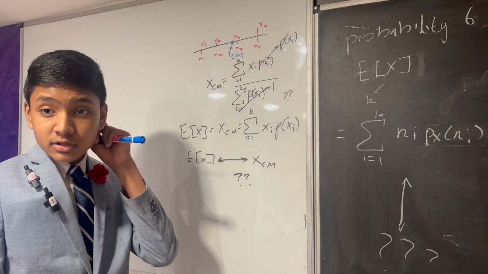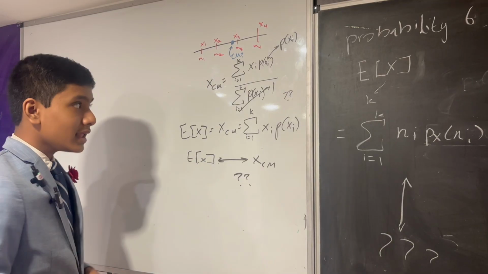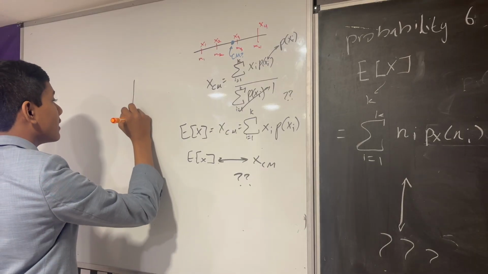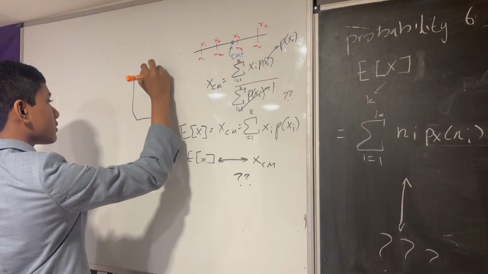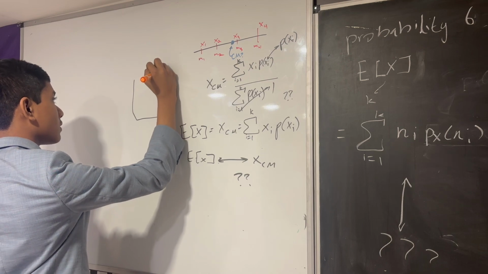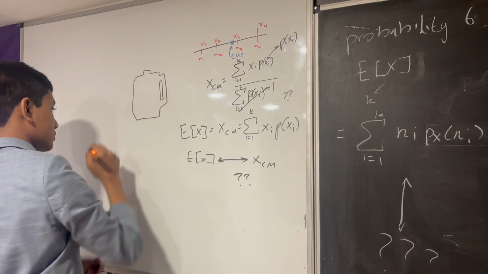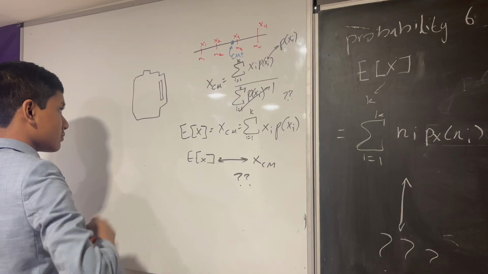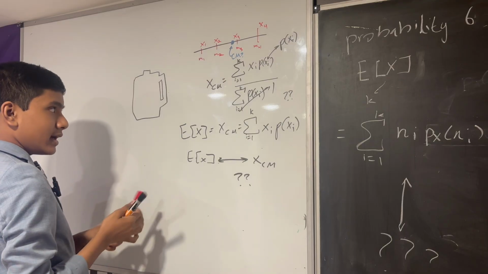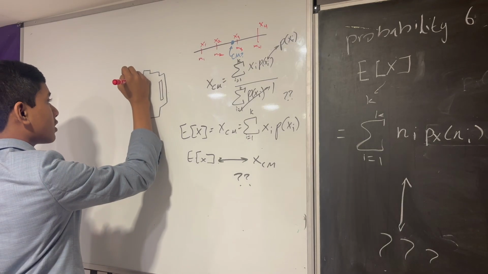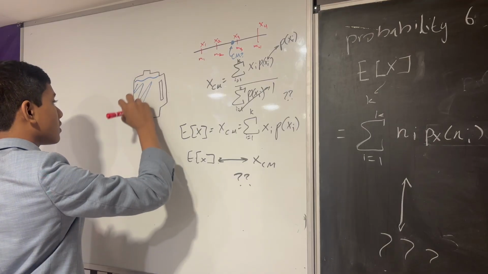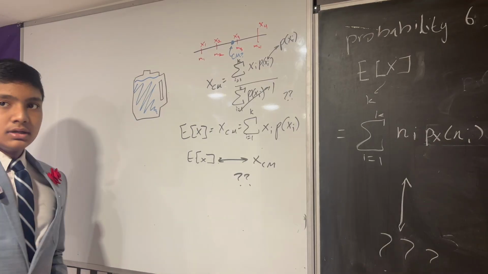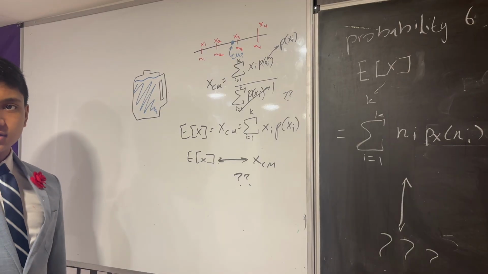But remember, just like the center of mass, let's say I have a gallon full of water. And that gallon is full with water. So where's the center of mass of this object?